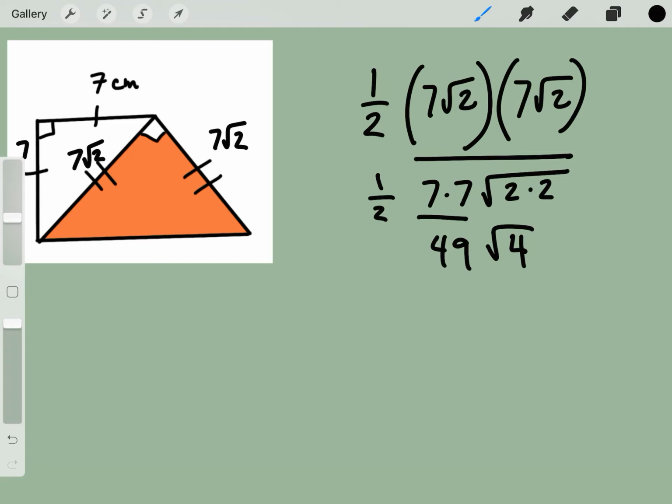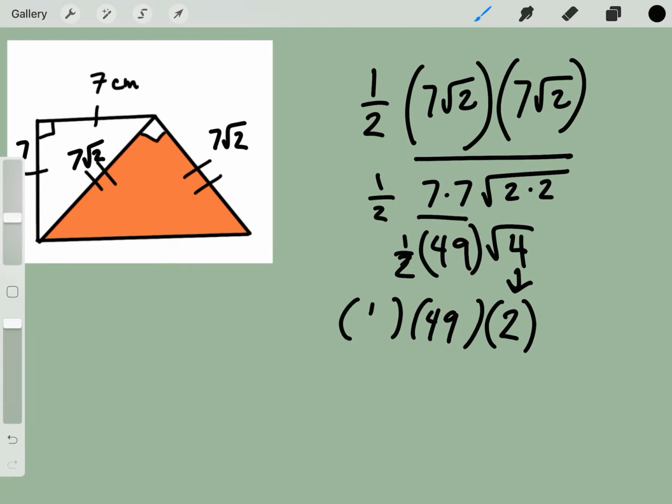Oh, don't forget that 1/2 from the beginning of the problem. These are all the numbers we're multiplying. Now radical 4 simplifies down to what? Radical 4 simplifies down to 2. So we have 2 times 49 times 1/2. And then you can just plug that into a calculator, or you can think about it, and whatever you get, you should get the answer of 49 centimeters squared.